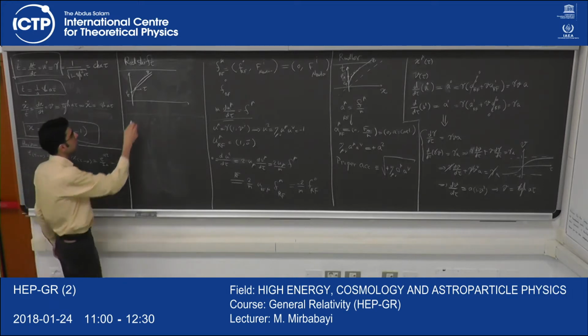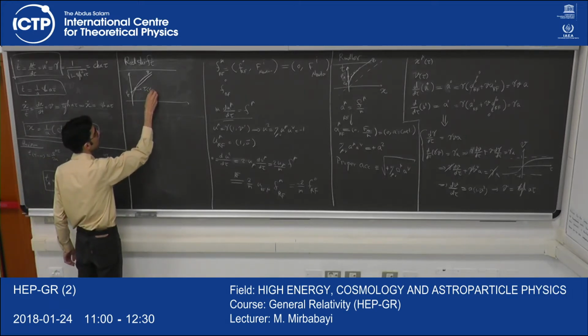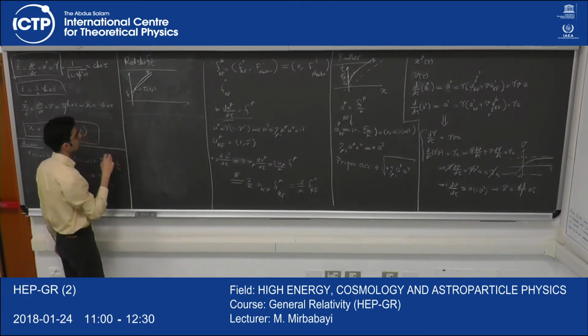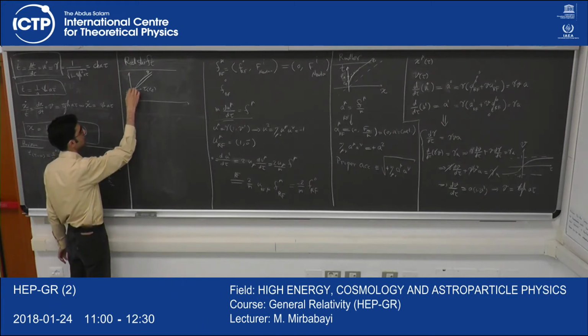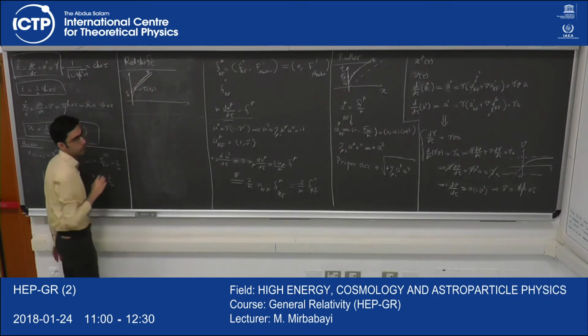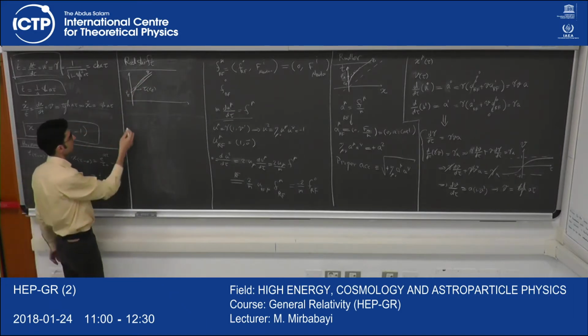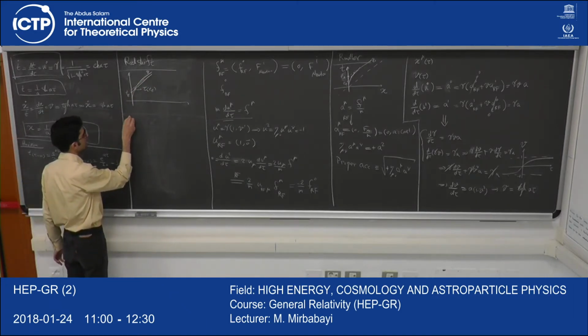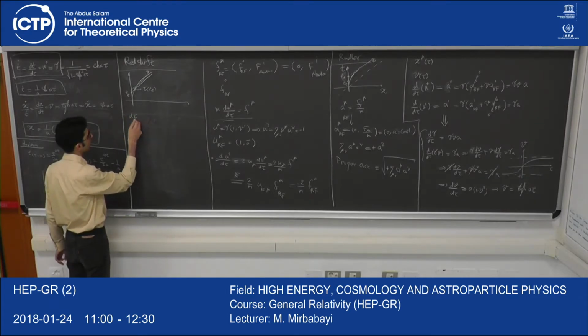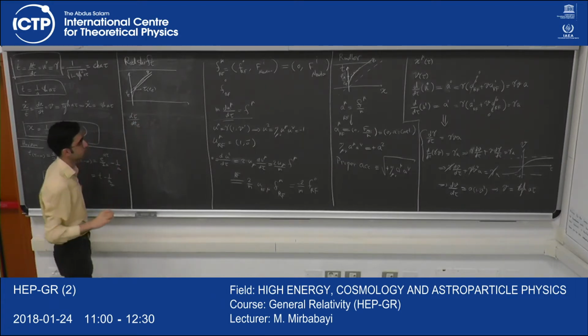If we know tau as a function of T emission, then we can ask what is the difference in the value of tau for two messages. So we can determine d tau by dTE.